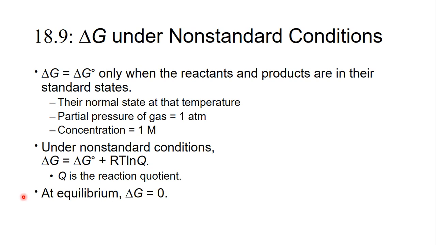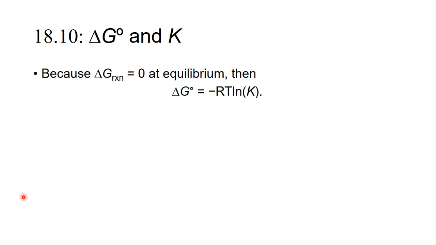If your reaction is at equilibrium, then your delta G is 0. And if you're at equilibrium and delta G is 0, what you can do is, from the previous equation, just move RT ln of Q over to the other side, and you do that by subtracting RT ln of Q, and you get delta G naught equals minus RT ln of K. Remember, K is the equilibrium concentrations of your products compared to your reactants.